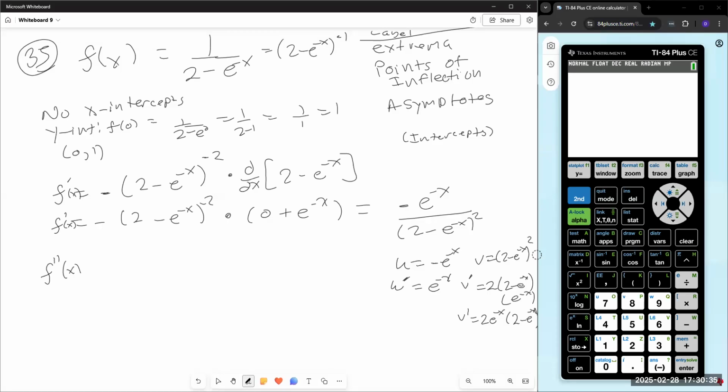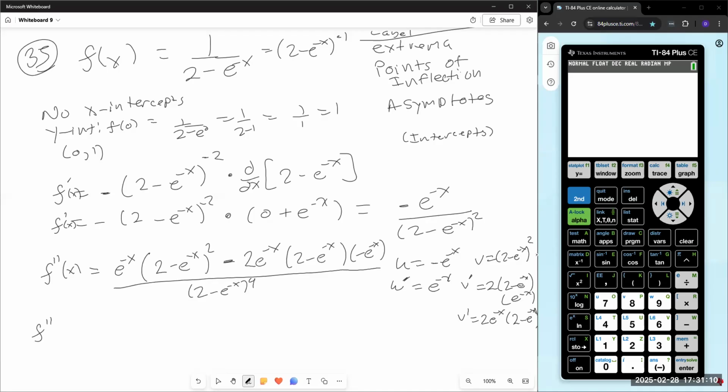So u prime v minus v prime u, all over v squared.